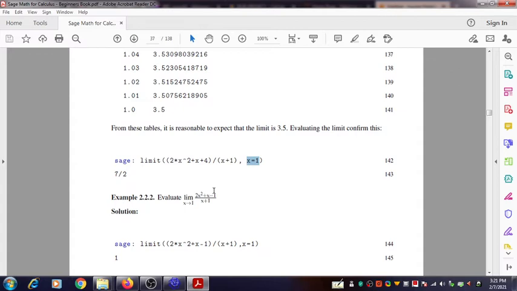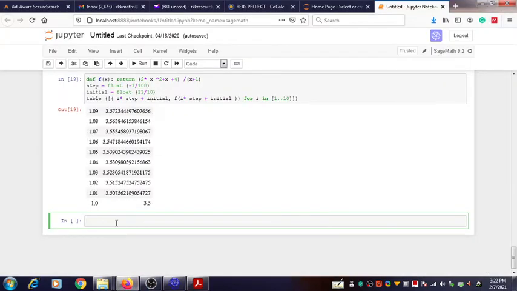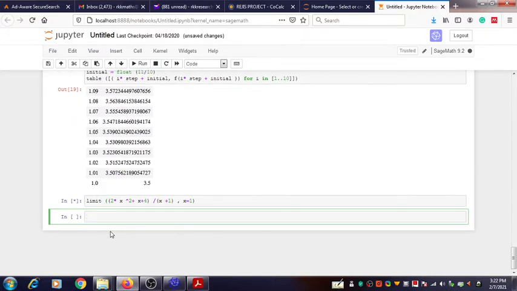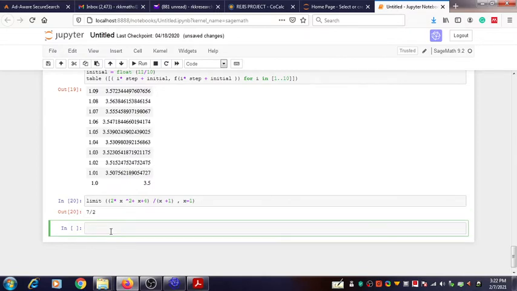When we execute this command in SageMath, let's see what result we are going to get. Okay, let's come back to SageMath in the Jupyter Notebook. I'm going to type it and take the output. We have the output 7 by 2.